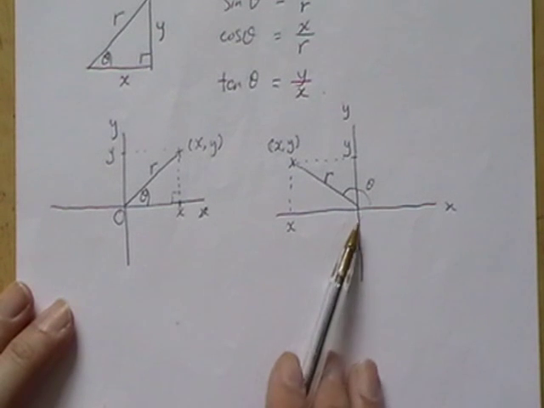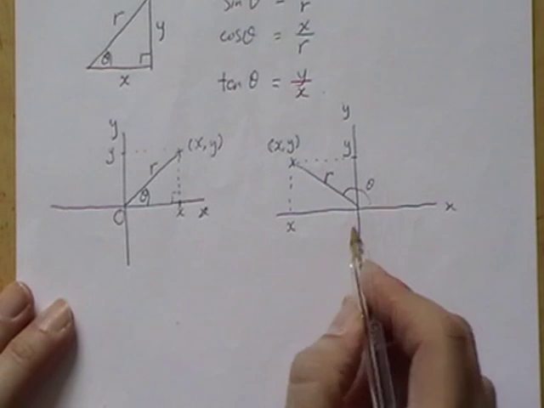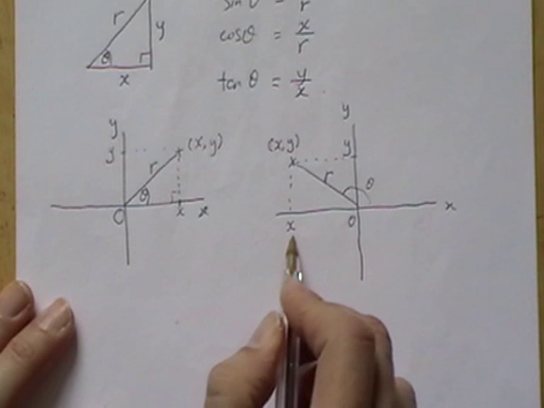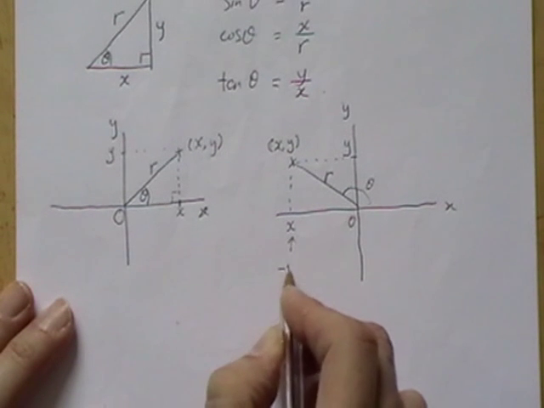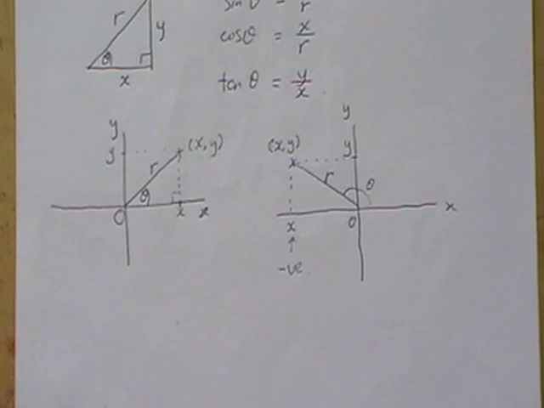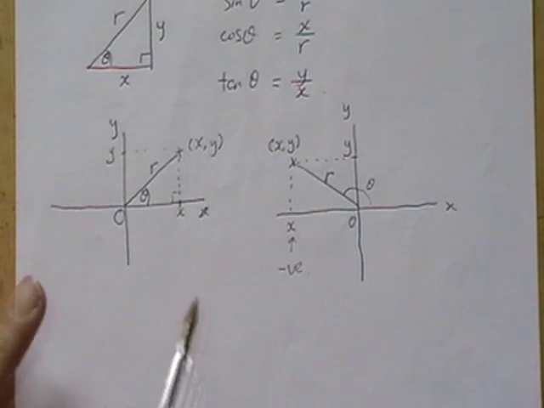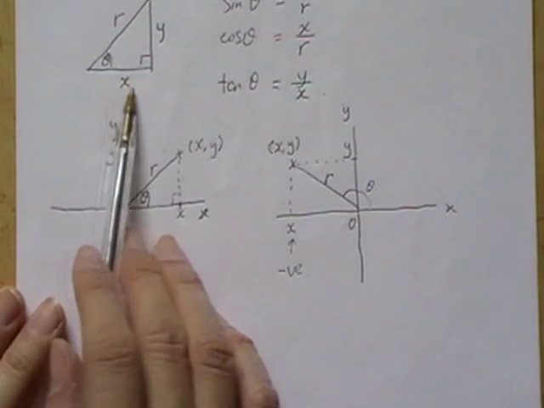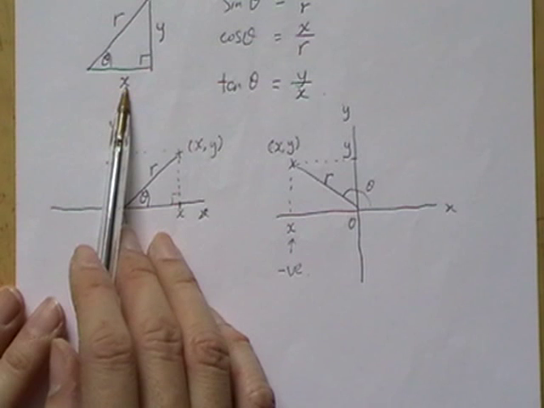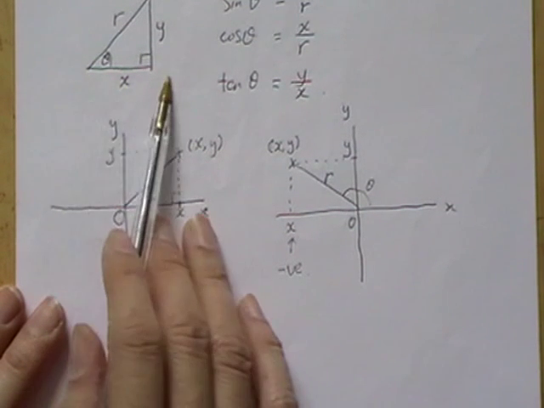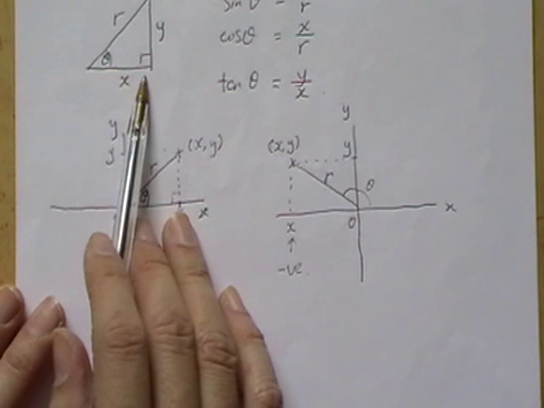And you can see that because x is on the left of the origin, this is now a negative number. And of course, if we just look at x as the side of a triangle, it has no meaning if x is negative. Alright, the length of a side has to be positive.